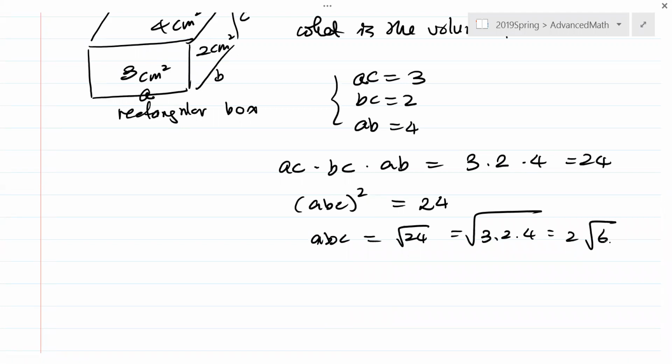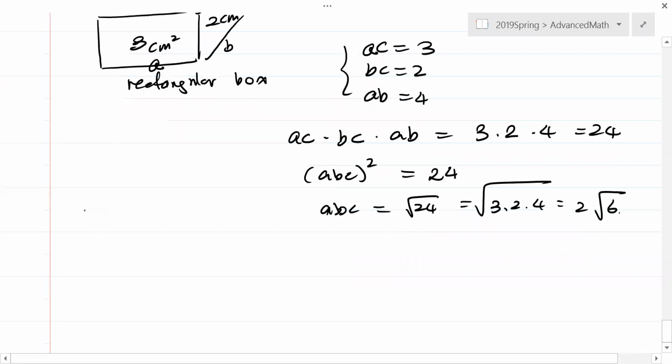But if you want to find the individual value, you just divide, right? If you want to find A, you have ABC divided by BC, right? Which is going to be 2 square root of 6 divided by BC, which is 2, so square root of 6. So you can find the individual value of each, if you want.